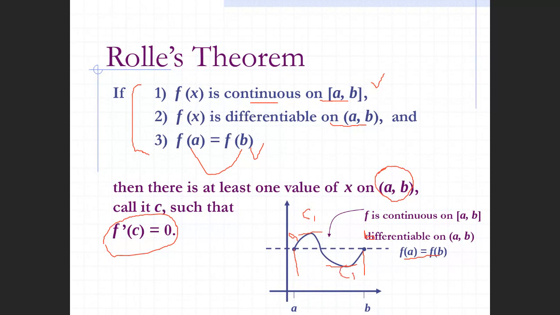At these 2 points the derivative of the function f dash of C is equal to 0. Because according to the definition it is saying at least one, so it can be 1 or it can be more than 1.